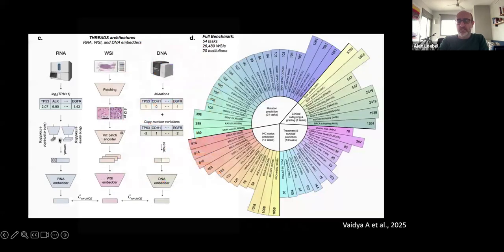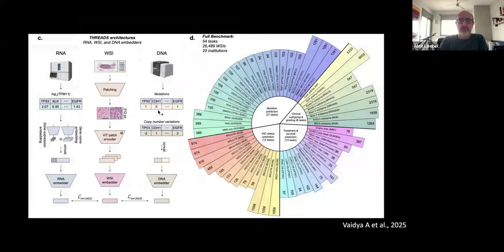This is another paper that was published not so long ago. And going from a single modality of H&E, now there are multimodal foundation models, as I mentioned, that also embed DNA sequencing and RNA sequencing of the same patients in the model. This is again to improve the predictions of the genetic mutations, of the RNA transcriptomics, and so on.